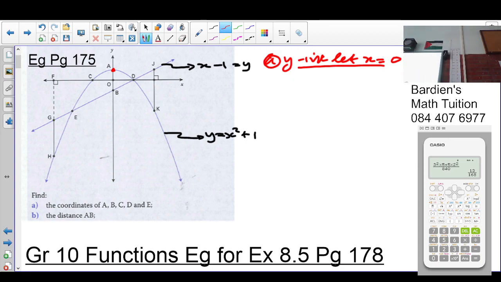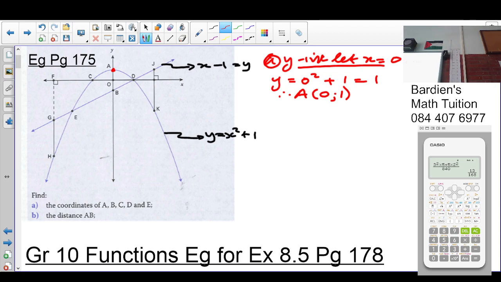Y-intercept, let x equal to 0. You all agree with that?